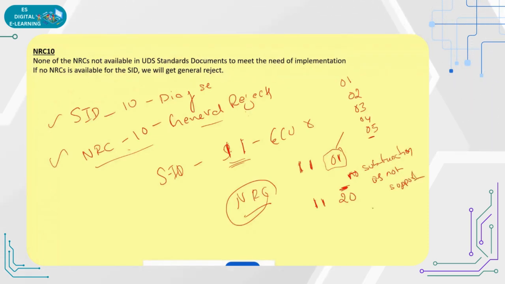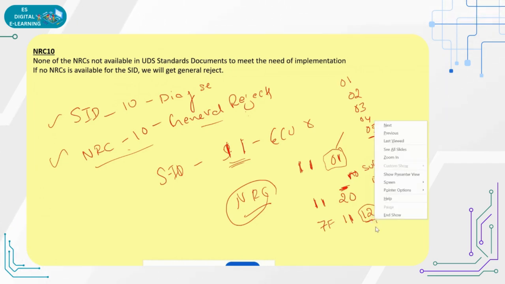That is clear. If we give some other information, how will you come to know it is not supported? You will get a response of 7F 11 12. Subfunction not supported. 12 is subfunction not supported. This information it will give clearly, like whatever subfunction you are giving is not supported.